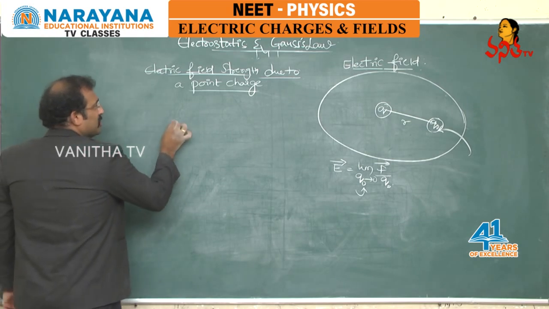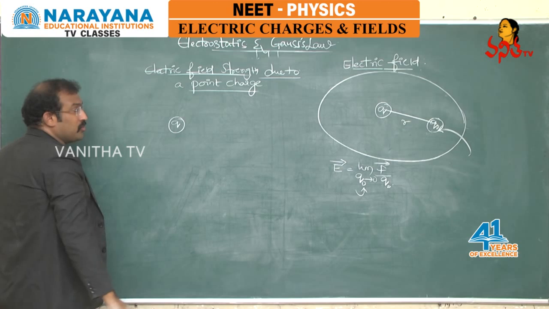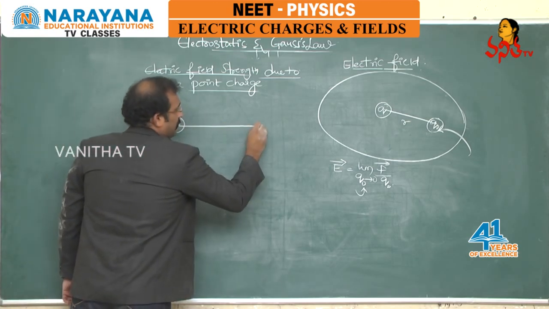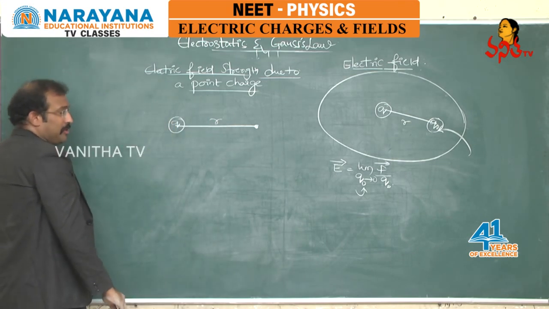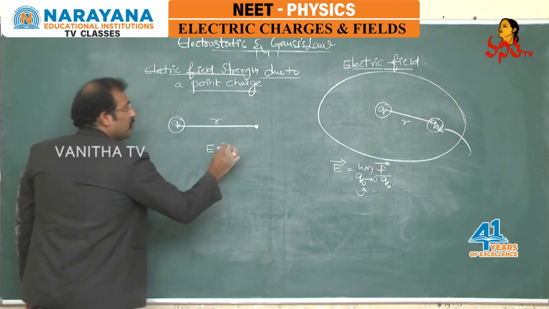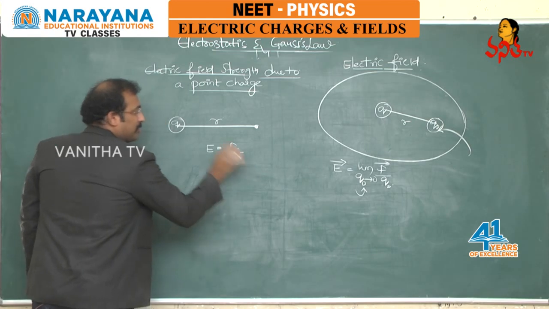I have taken a charge Q, the source charge that produces the field. The strength of this field at a point at a distance r from it is the force experienced per unit test charge placed at that point.